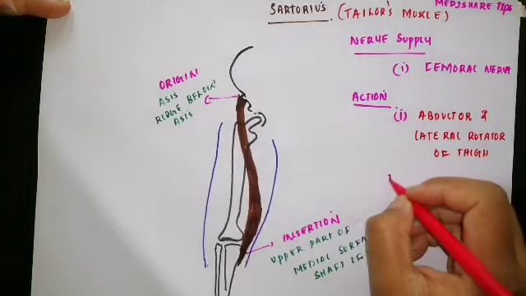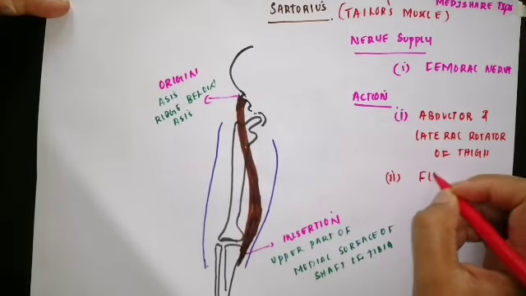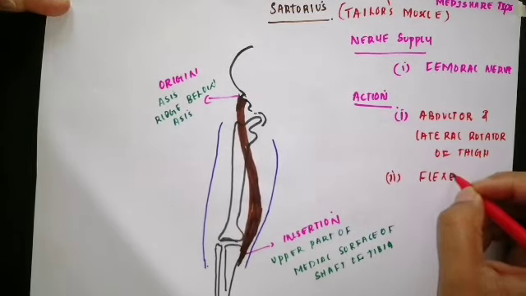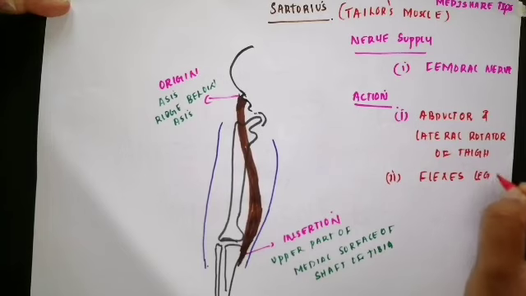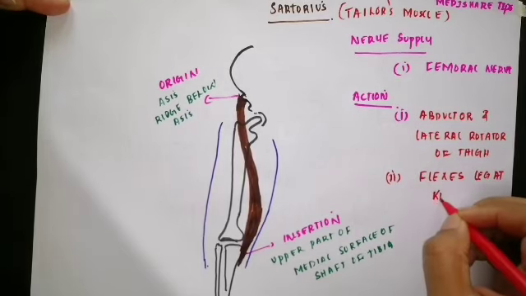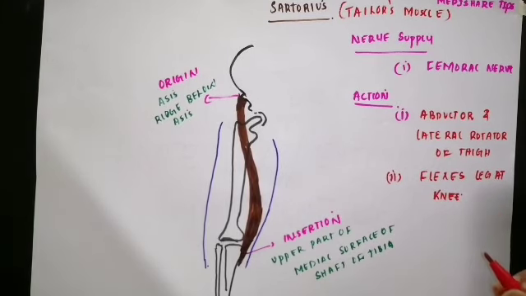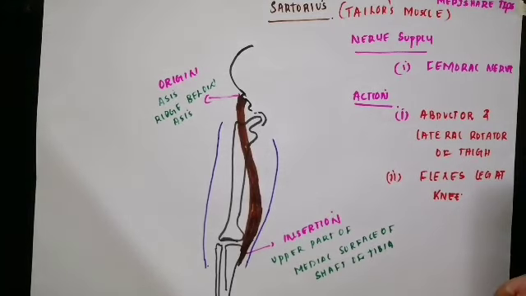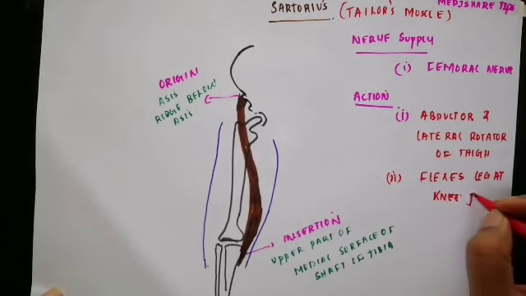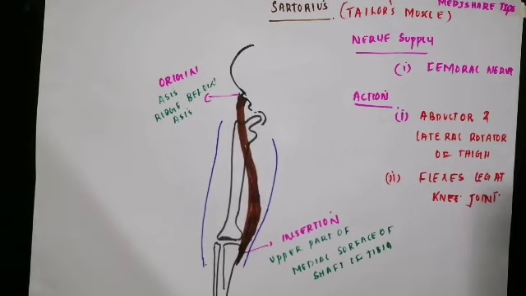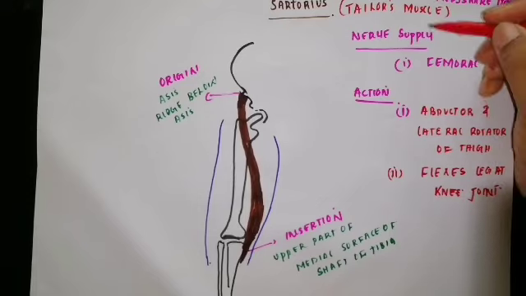And it causes flexion of the leg at the knee. It flexes the leg at the knee joint. These actions are involved in assuming the position in which a tailor works, so it is known as tailor's muscle.